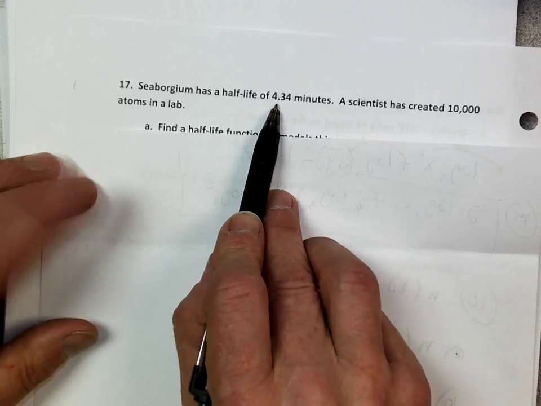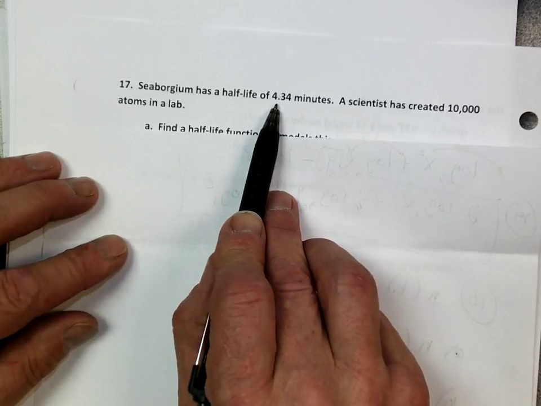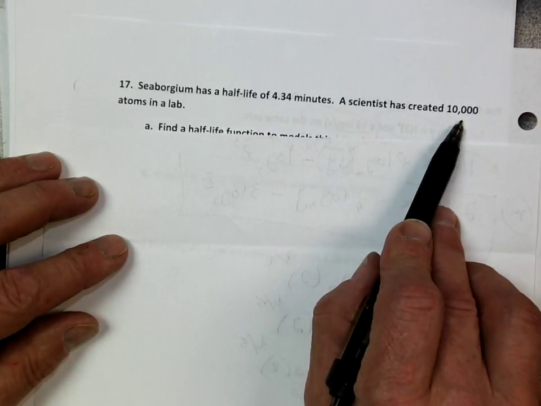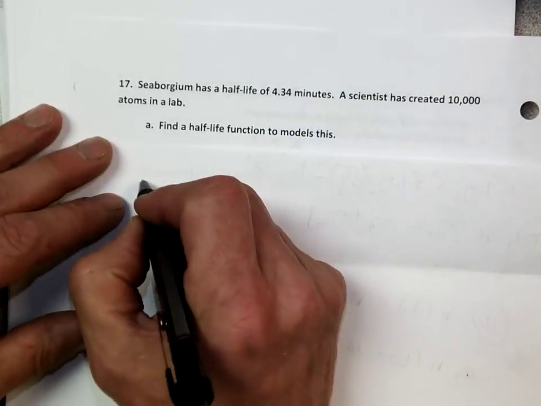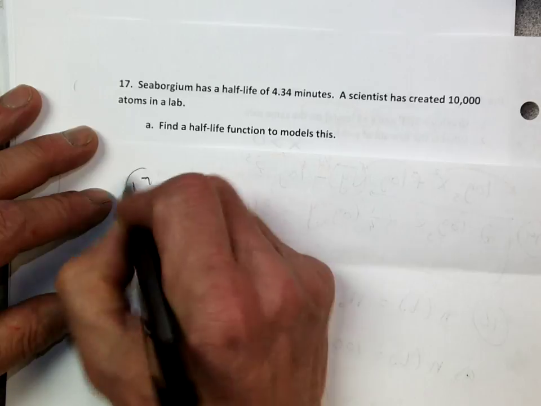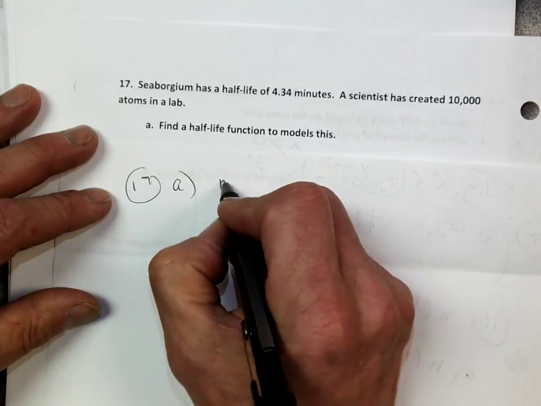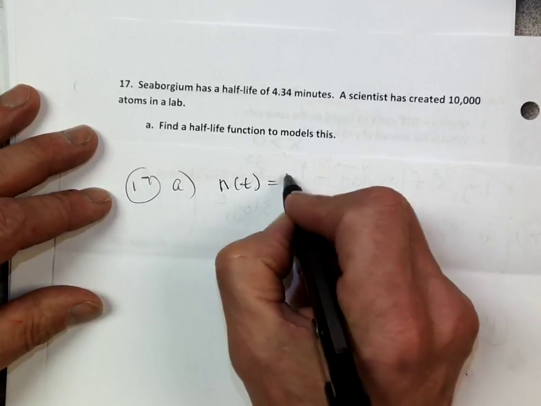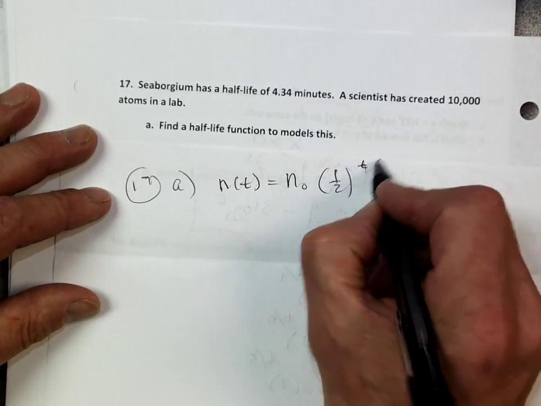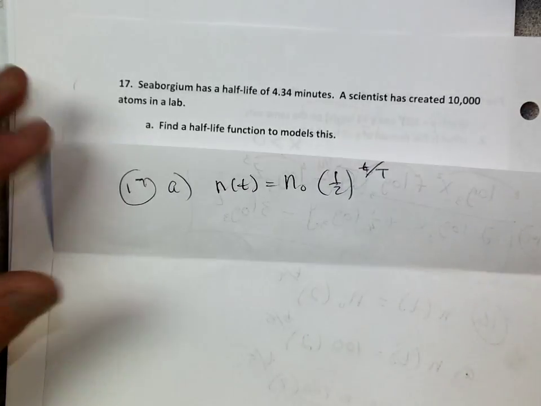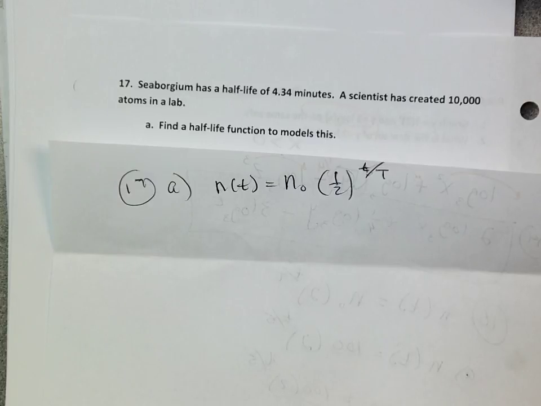So let's say they created this in a lab, and he's got 10,000 of these atoms. Let's first find a half-life function. 17a: N of t equals N0 times 1/2 to the t over big T. Exact same formula, except that 1/2 is the rate instead of 2.